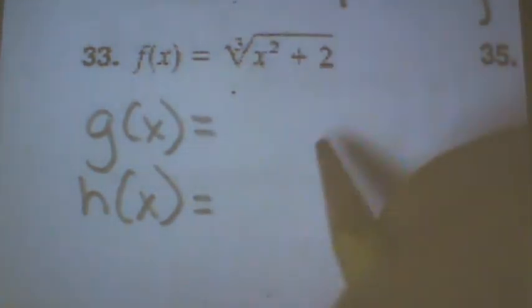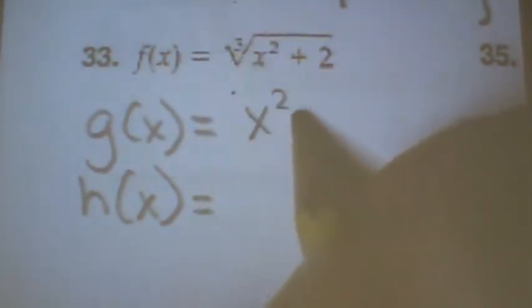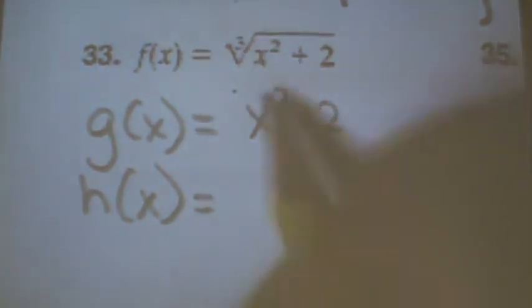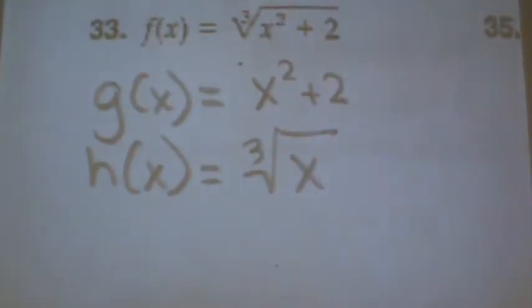So give me two different names. g and h. Good. Okay, split this up into 2. What are the 2 that you're going to write? x squared plus 2. And then what's the outer part? Cube root of x. Good.